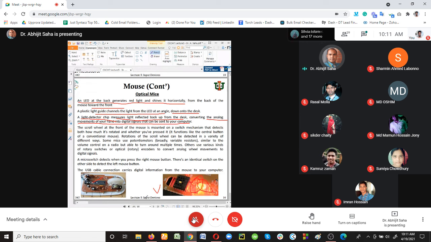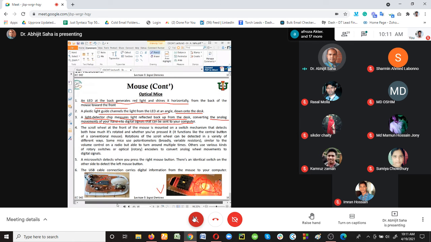So this is the light detector chip we are talking about, that is going to detect your hand movement analog signals, and it is going to convert them to digital signals. Why? Because our computer system will only understand the digital signal, so it must be converted to the digital way.